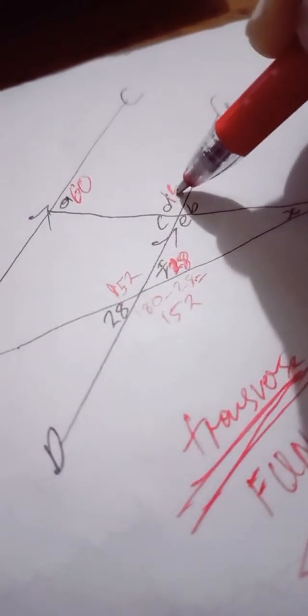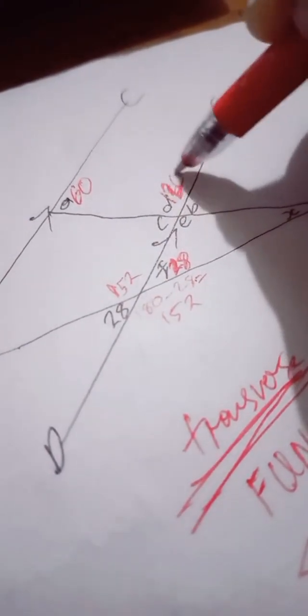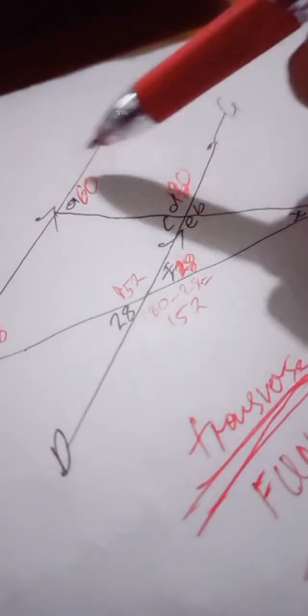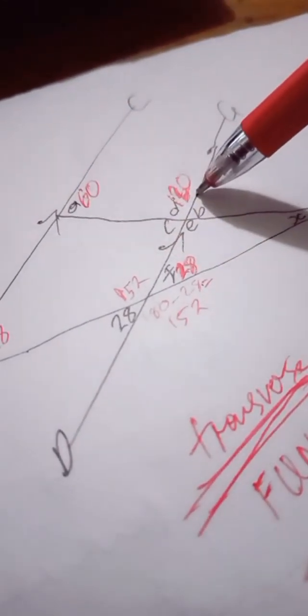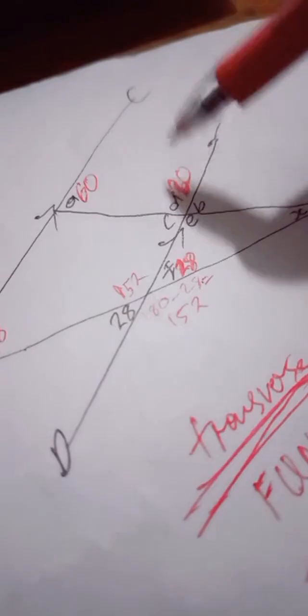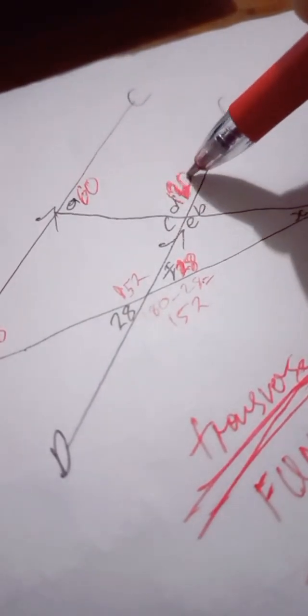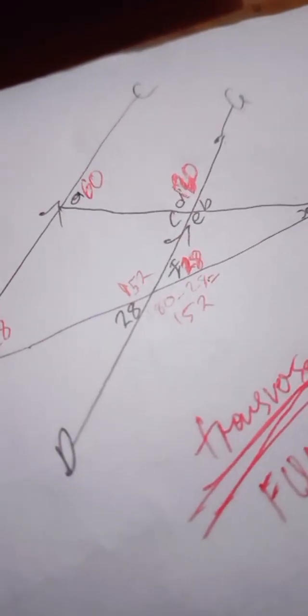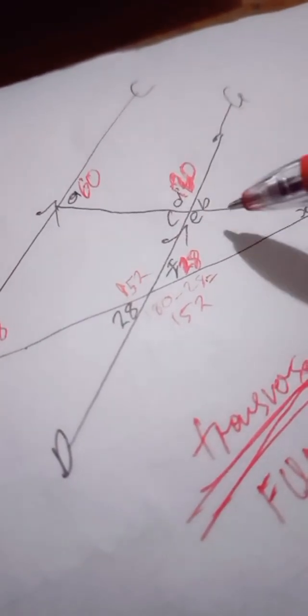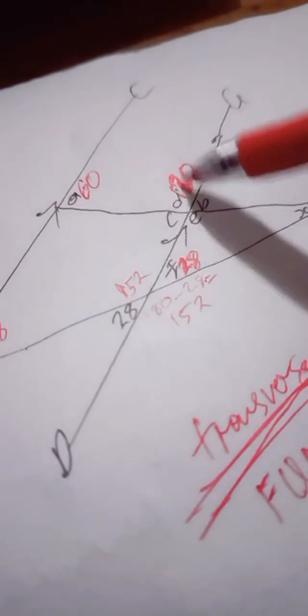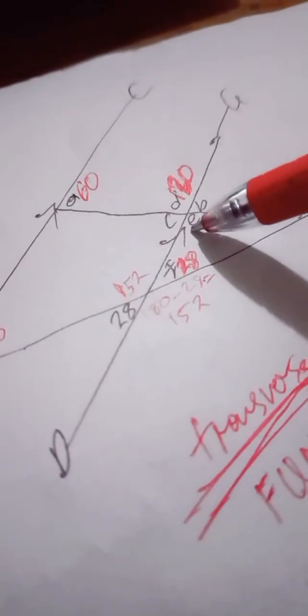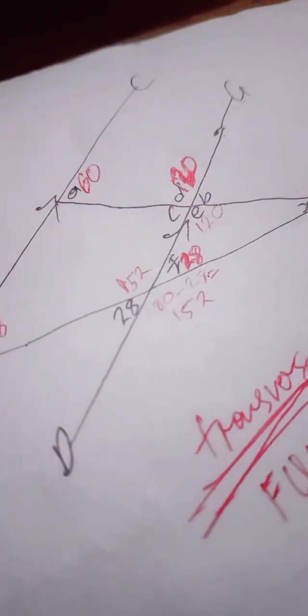Because why? They are co-interior angles. So this is 60, this is 120. Right? This is our 120. 120 degrees. Then E is 120 also, vertically opposite. That is true.